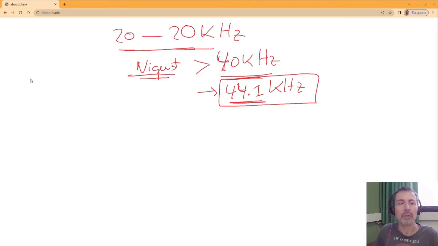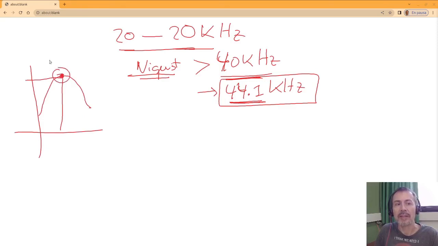In each sample we need to capture the value of the sound signal at that point. It depends on the base noise and some other parameters, but we will need at least 16 bits to store a sound signal.